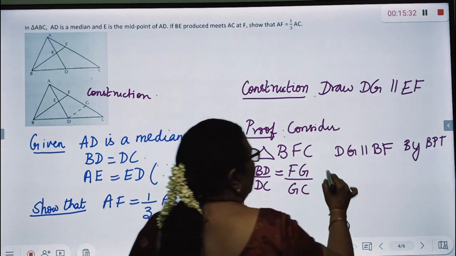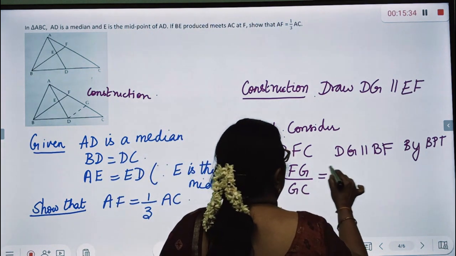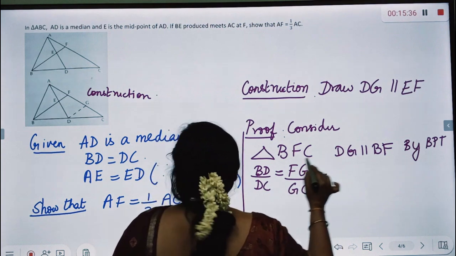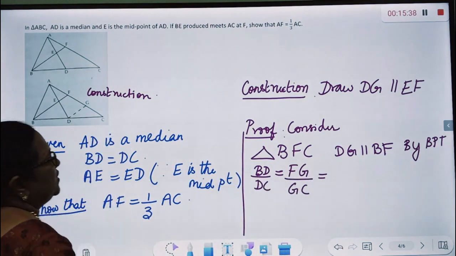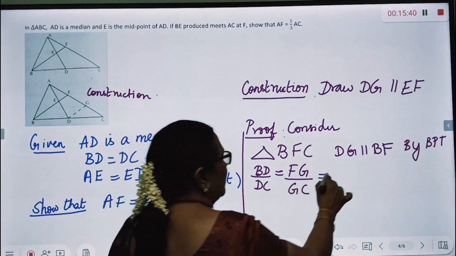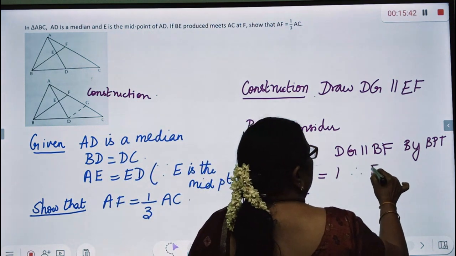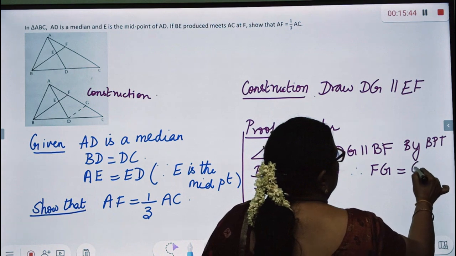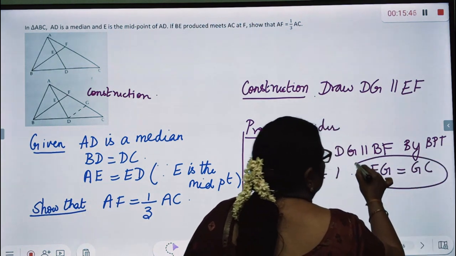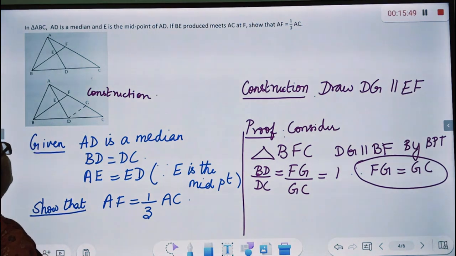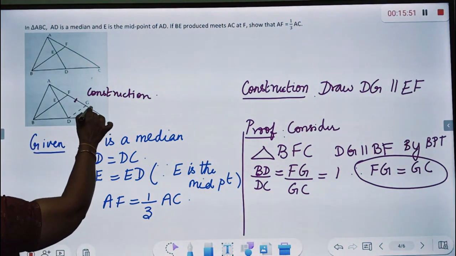BD is equal to DC because D is a midpoint, so it is 1. Therefore, FG is equal to GC.